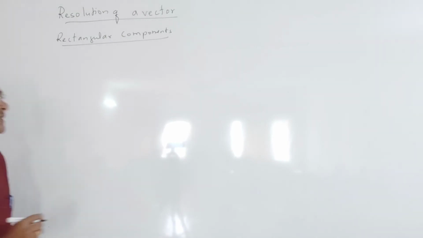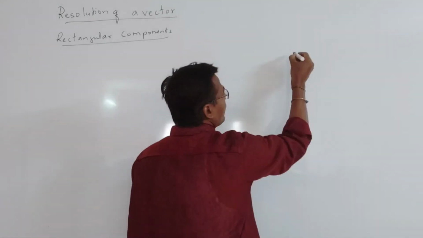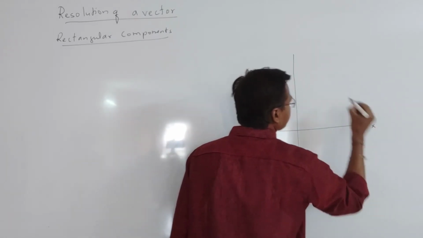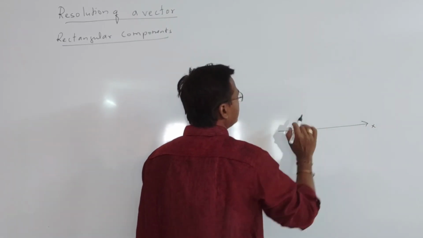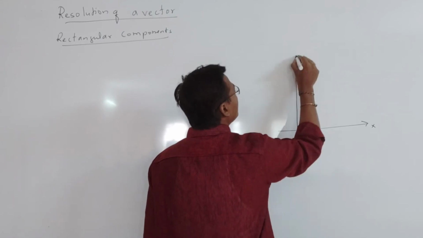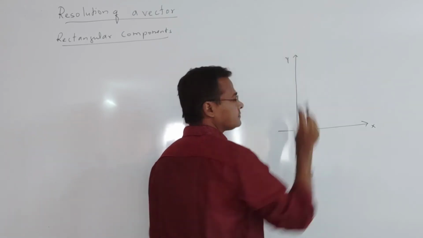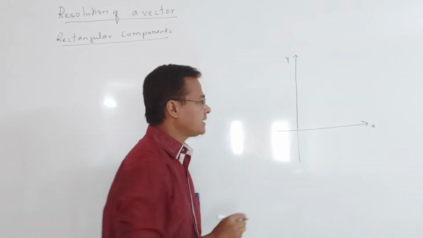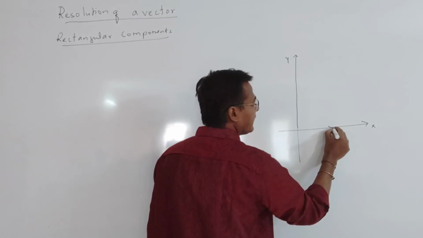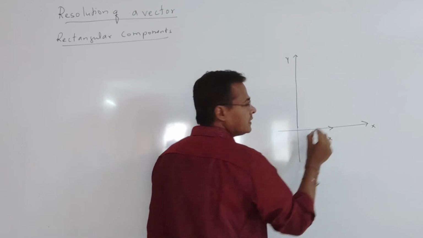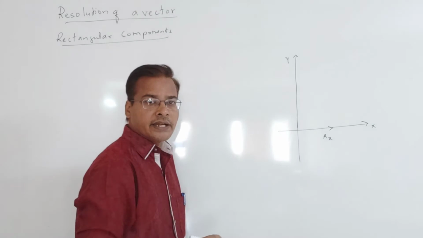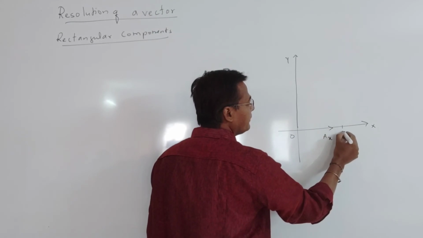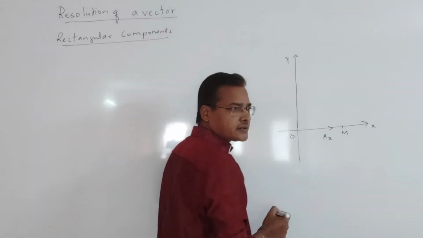Now we consider the coordinate system. This is the x-axis and this is the y-axis. This is the ax, that is O to M, I am taking the ax vector.